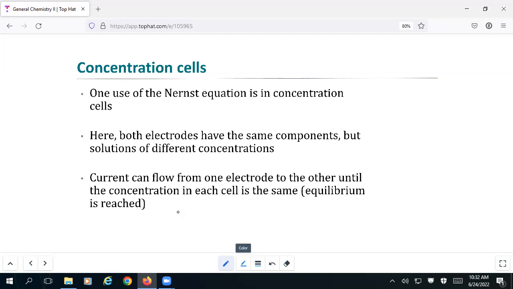And that's how this kind of thing can work. Current can flow from one cell to the other, so long as there is a difference in their concentrations. But keep in mind, as the reaction proceeds, the more concentrated solution is going to get less concentrated, and the less concentrated solution is going to get more concentrated until they meet in the middle again. And when they meet in the middle again, voltage goes back down to 0.